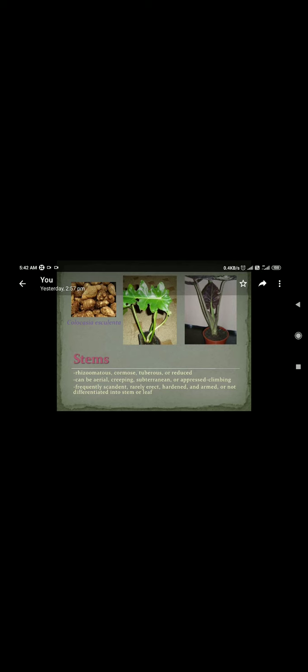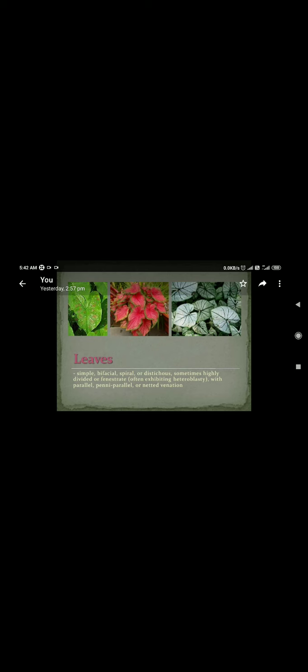Now leaves. Leaves are simple, bifacial, spiral or distichous, sometimes highly divided or fenestrate, often exhibiting heteroblasty with parallel, pinnate-parallel or netted venation.